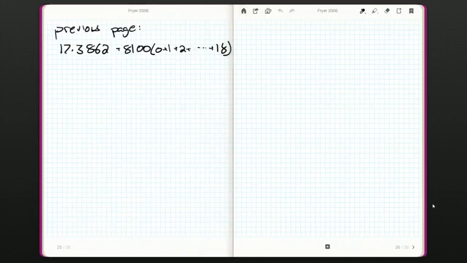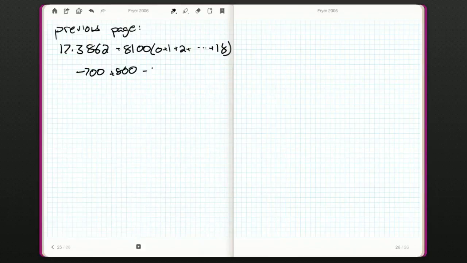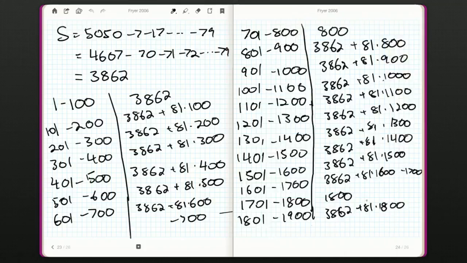And then we subtract 700, add on 800, subtract 1700, add on 1800. We get no 7 or 17 here. Right? No plus 81 times 1700, and we have no plus 81 times 700s.